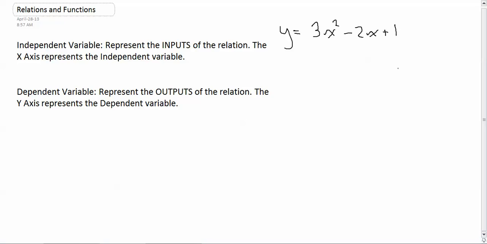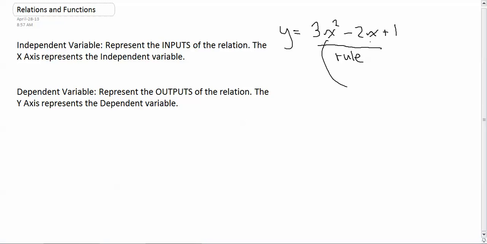We're interested in this not as something that we can factor, but simply as looking at the input-output relationship here. So we're saying that y is the exact same as this. What we have is the 3x squared minus 2x plus 1 represents a rule, and this is a rule for assigning a value to y.